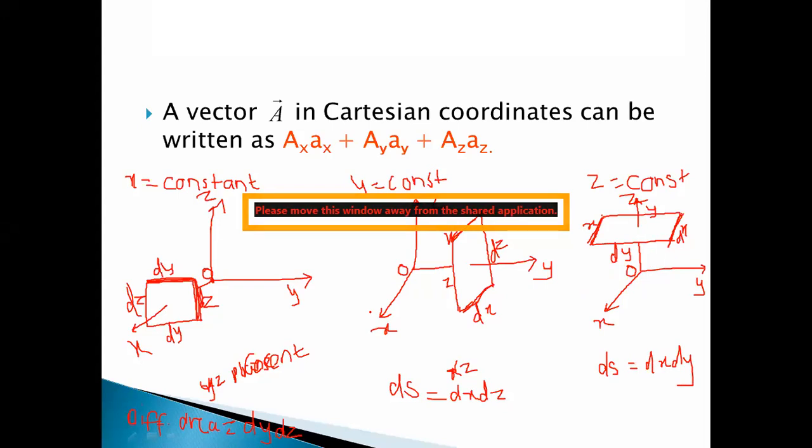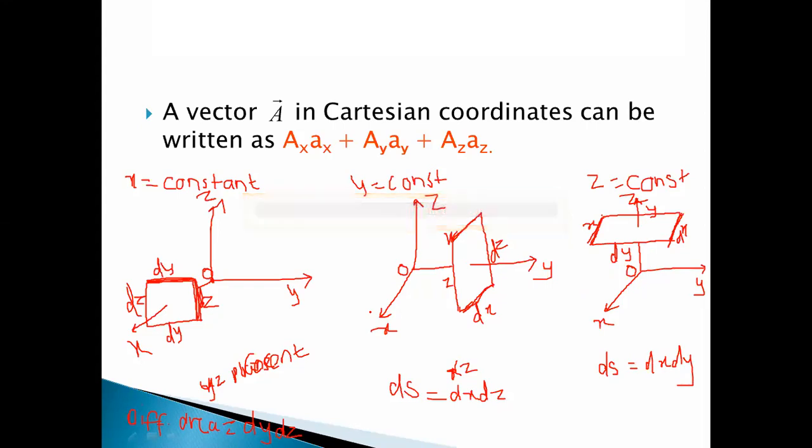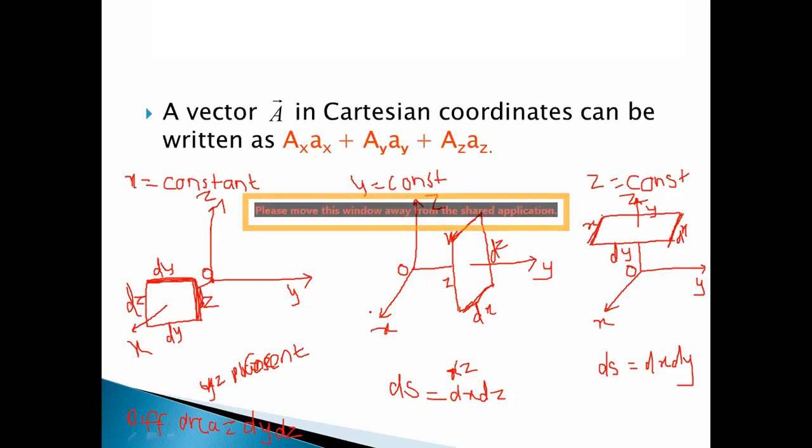That's why I explain all three planes differently, because when we take a combined diagram, you cannot understand that. And note it correctly. Don't make any mistake.